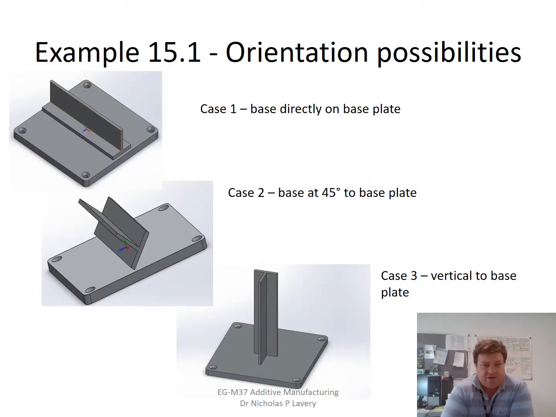What we're going to consider here is 3 different orientations. One is building it directly on the base plate. We're going to consider a 45-degree angle to the base, and talk about how we would locate support structures on this. And we'll also talk about this third option, which is to have a vertical build straight up.